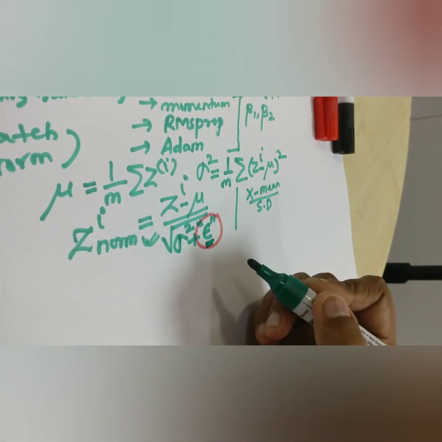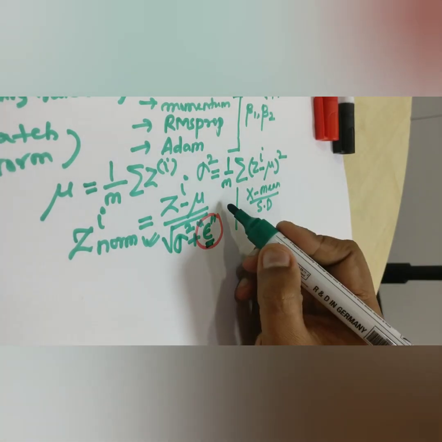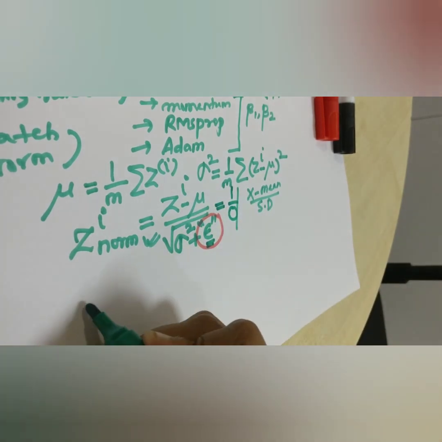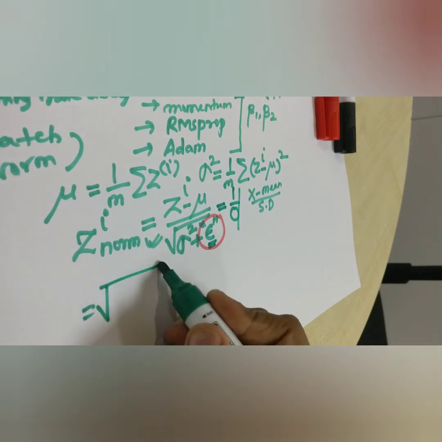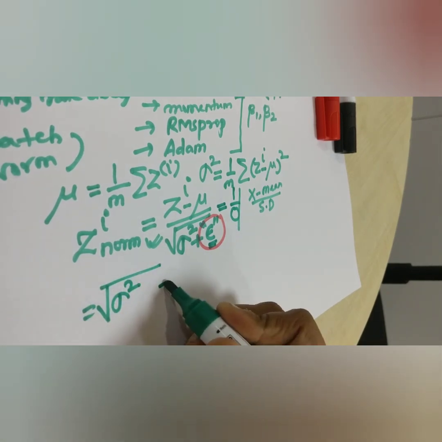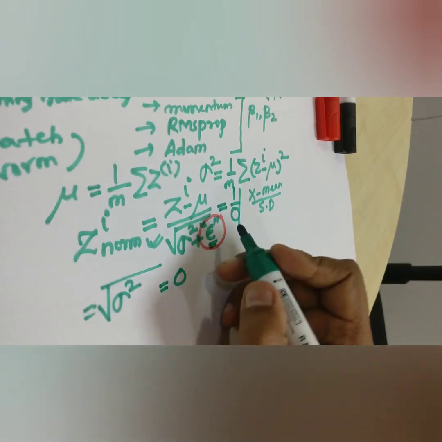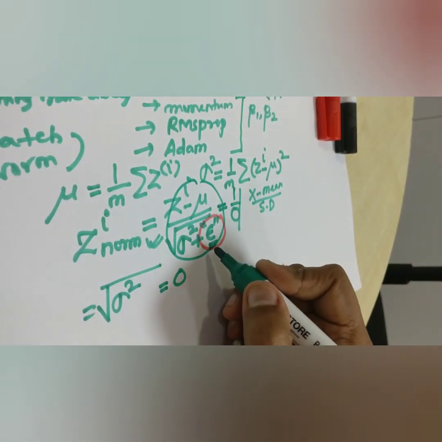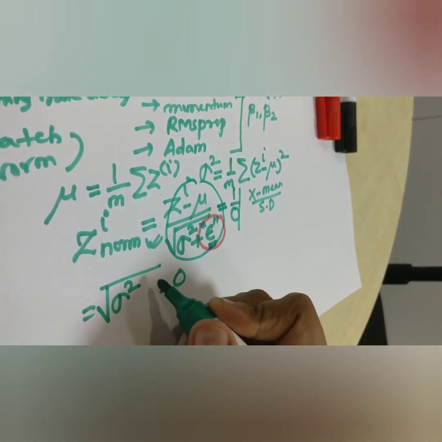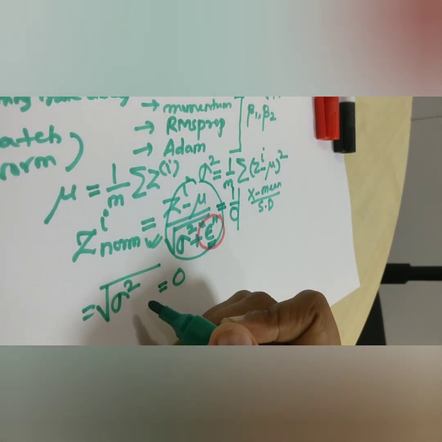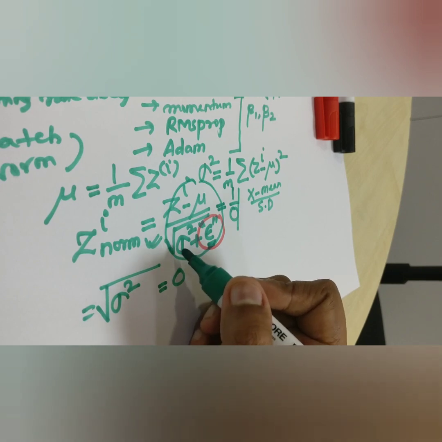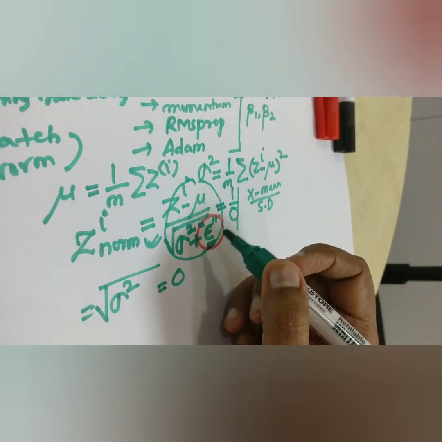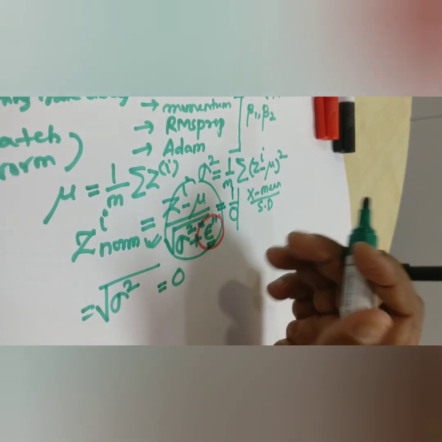This epsilon is just there to make sure that we are not going to divide anything by 0. What do I mean by that? For example, if this term sigma square is equal to 0, then just imagine this entire term would not be calculable. There could be a possibility that the variance of this calculation is 0, and that will throw our algorithm off and we will not be able to do anything with it.